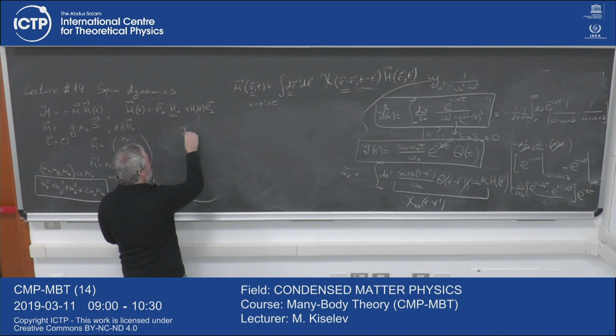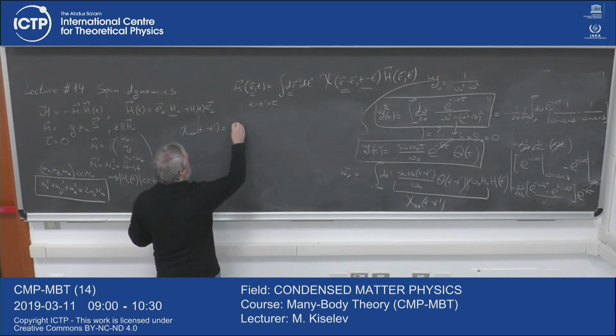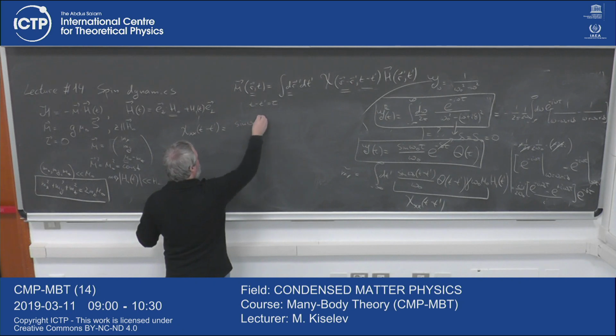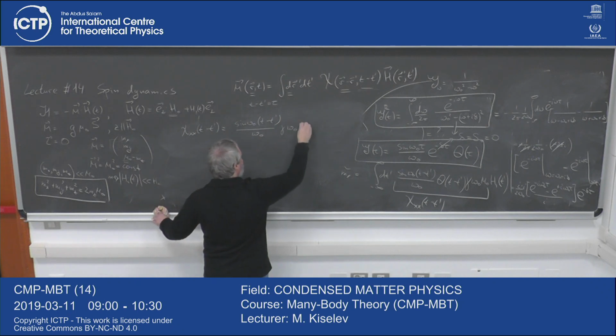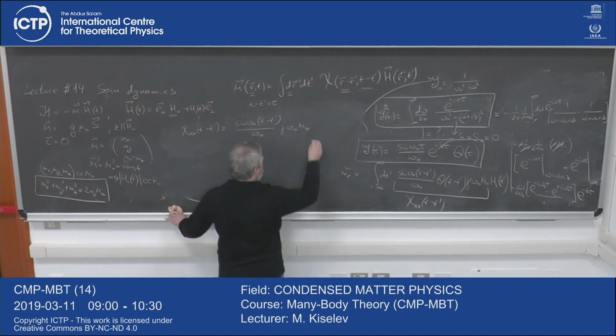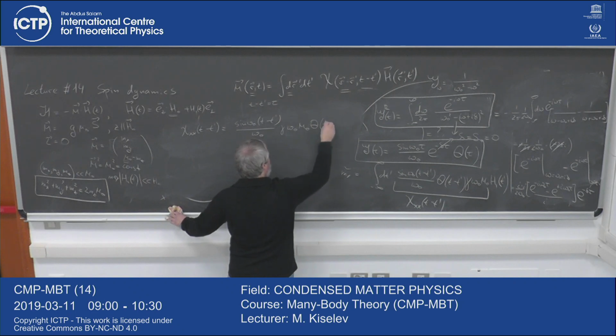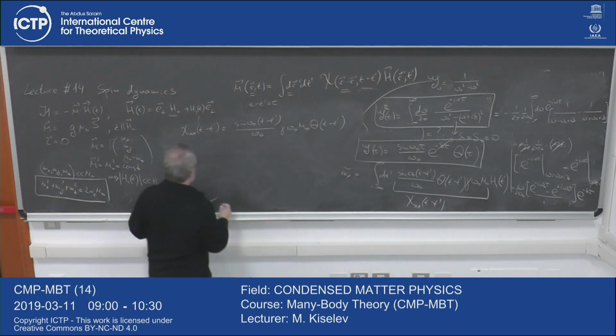So chi xx as a function of t minus t prime is equal to sine omega naught (t minus t prime) over omega naught, times gamma omega naught m naught, times the theta function of t minus t prime.